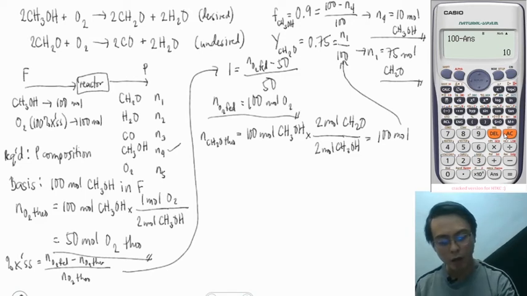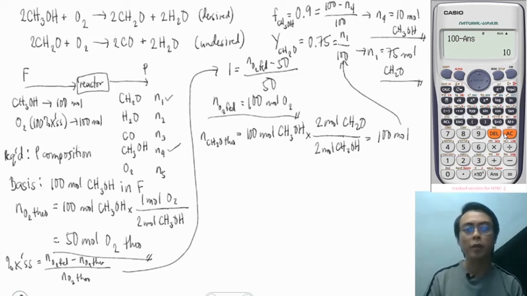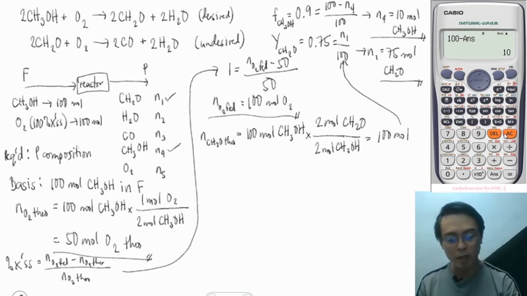So we now have N1 and N4. Those were the information given to us by the fractional conversion and the yield. Now that we have exhausted our given, we need to find the values of N2, N3, and N5, and here is where the atomic balances would come in.